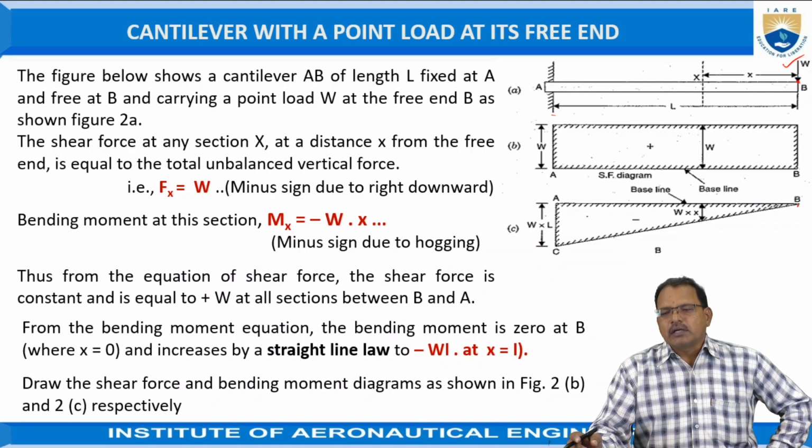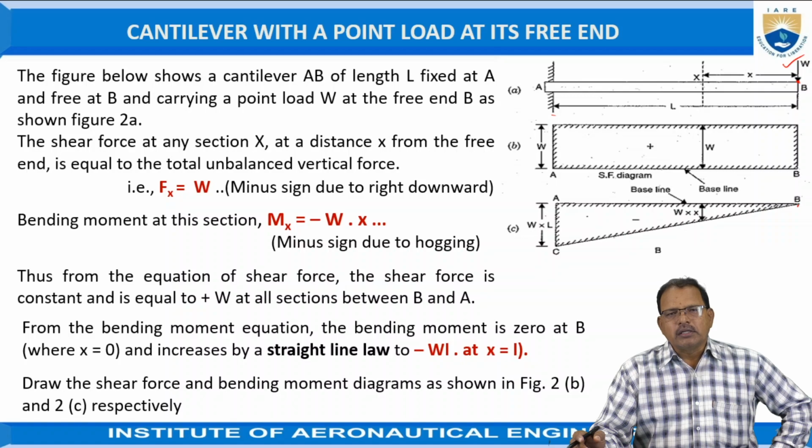As we consider the section of the beam at a distance of x, the bending moment is equal to W into x. That is, it depends upon the distance between the reference point and the point at which the load is acting. Hence, it is proportional to the distance.